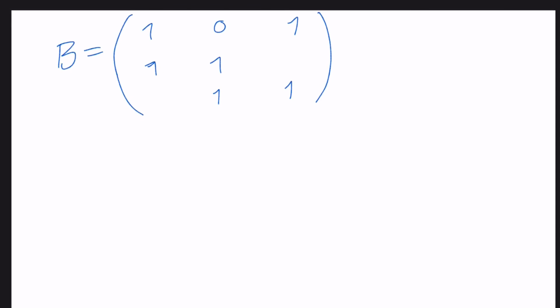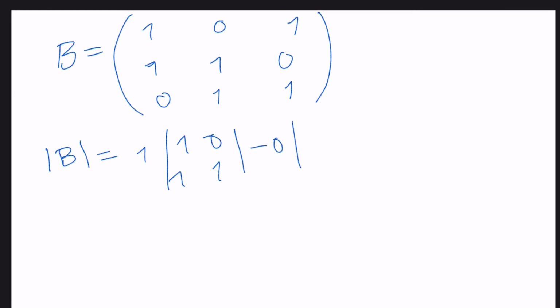We know that if we put 0 and 0 here, then what will be the result of the determinant of B? So 1 times the determinant of (0, 1; 1, 1). Okay, we'll put 0 just for generality, but it won't matter in this case. 1, 1, 1, 0, 1.